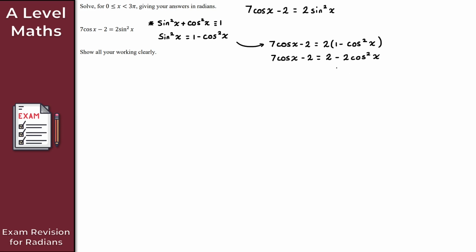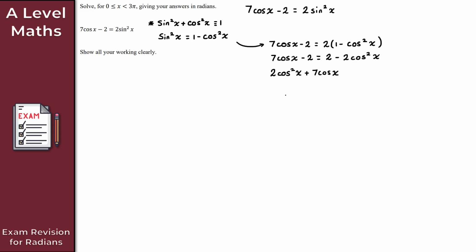Okay. So what I'm going to obtain here then is a quadratic equation. And obviously the hope is that we can factorize that quadratic equation. So let's make the quadratic term positive. So add that to both sides. We get 2 cos squared x plus 7 cos x as well.